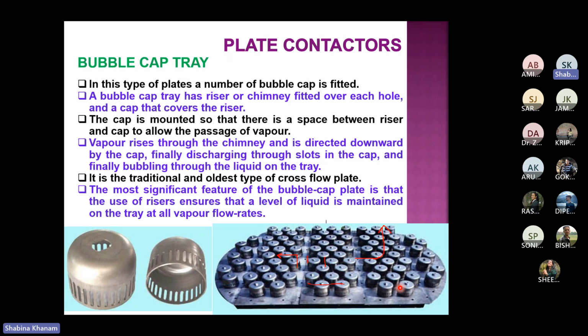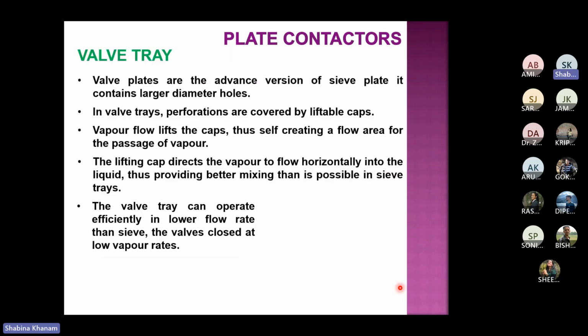The bubble cap stays in its position only. However, in the valve tray we have liftable caps. Liftable caps are not available in bubble cap tray. I hope you are getting what I'm trying to emphasize.